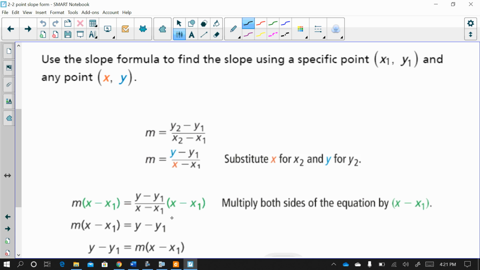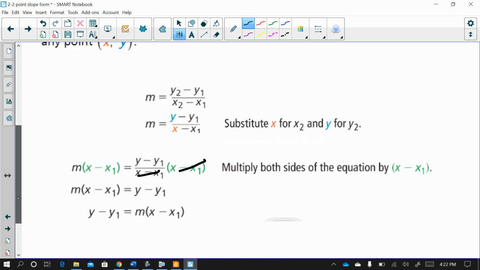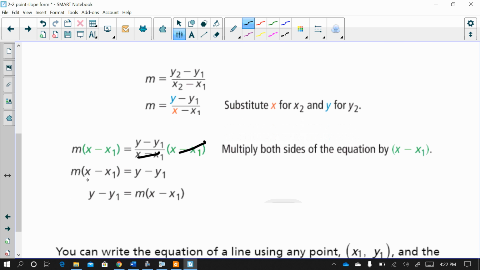So if I multiply both sides by the bottom, this x minus x1, these cancel right here. And I get m times the quantity x minus x1 equals y minus y1. We normally write the equation with the y's first, but this is how we get point slope form. Okay? Really cool, just comes straight from our slope formula.